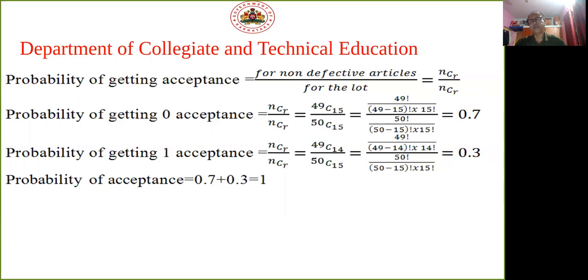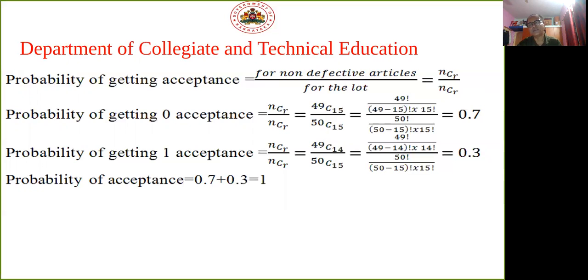In the numerator, N stands for the non-defective articles. Out of 50, there is 1 defective item, so N will be equal to 49, and R will be equal to the sample size, because we have taken 15 samples for inspection. Then in the denominator, once again it is NCR.